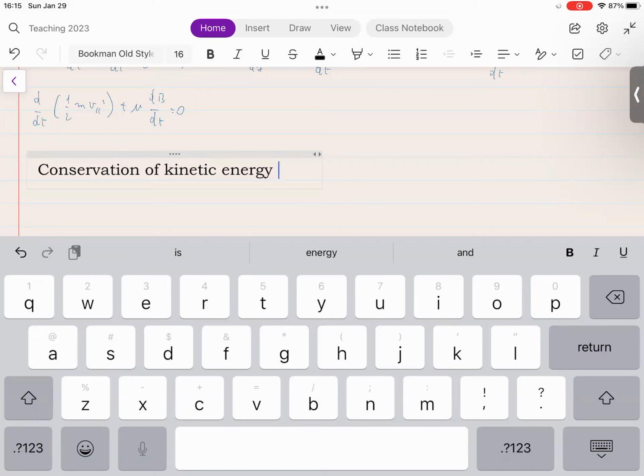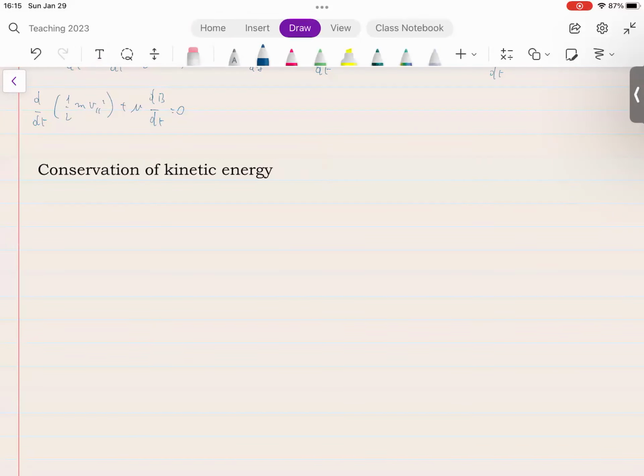That is, this is the only type of energy that appears in my conservation of energy expression, and therefore it's not surprisingly conserved. And that conservation of energy is easy to write. I simply write that the time derivative of the total kinetic energy, 1/2 of mass times v parallel square plus 1/2 of mass times v perp square, is going to be equal to 0.